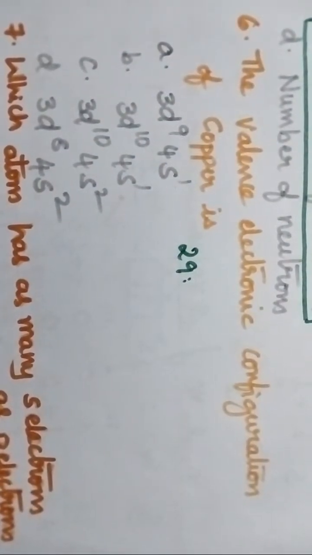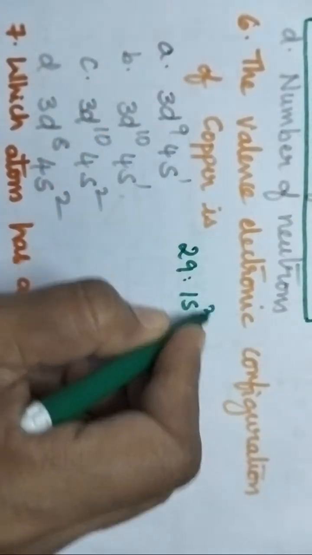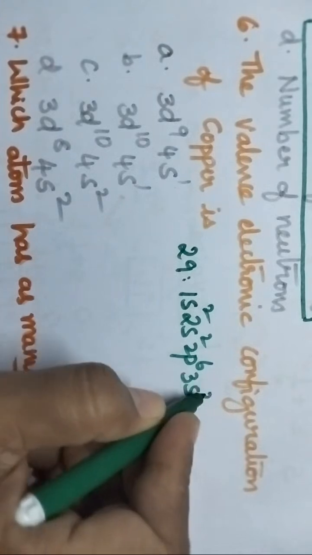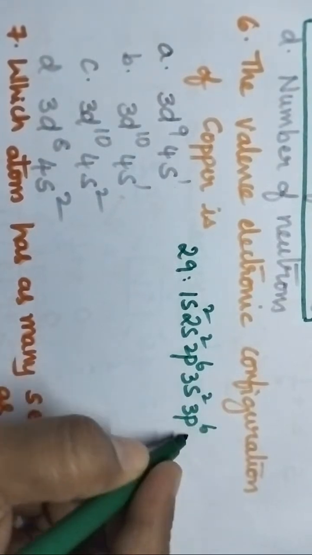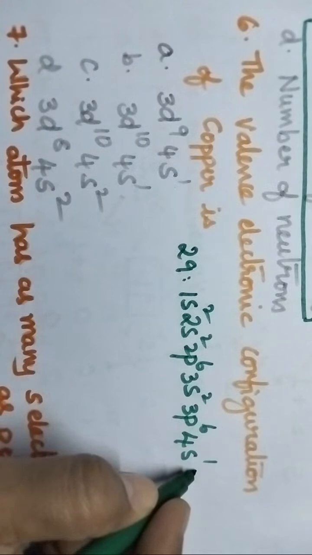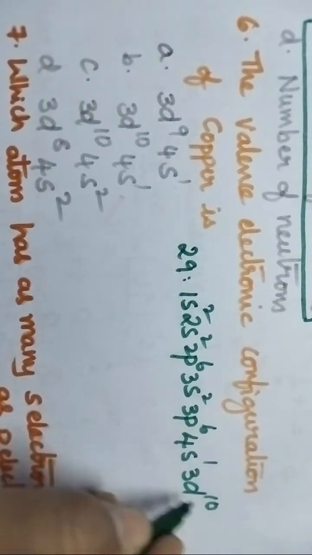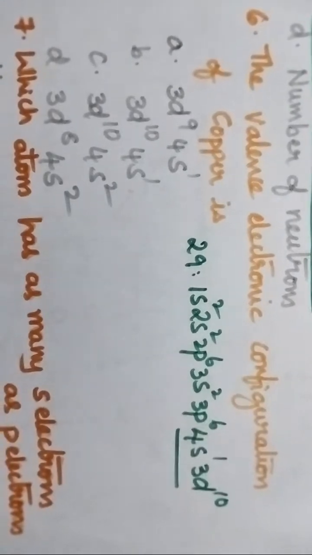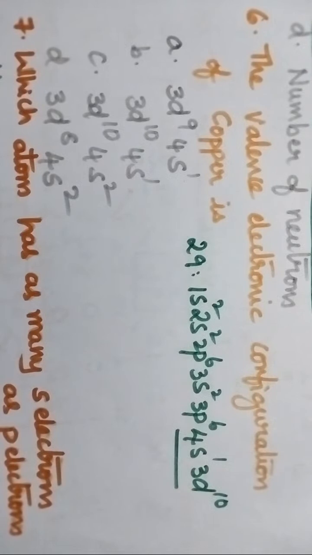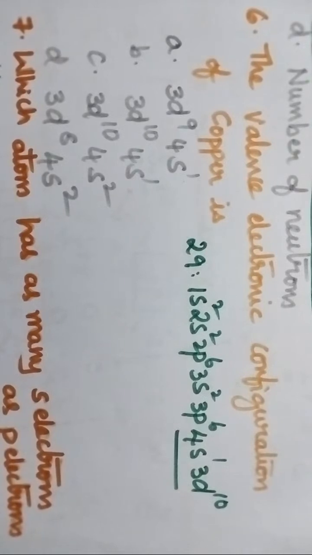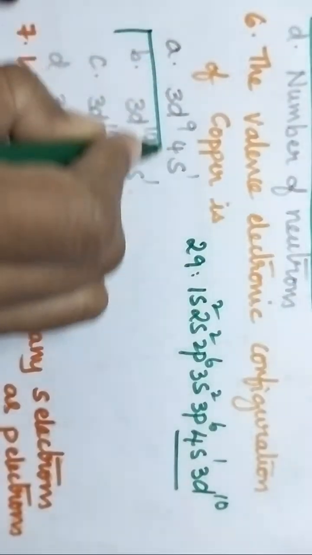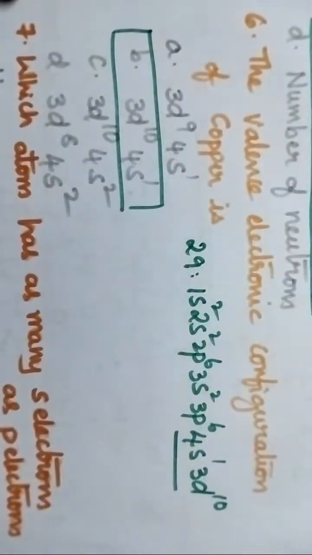So what is the configuration? 1s2, 2s2, 2p6, 3s2, 3p6, 4s1 and 3d10. So what is the right answer? You are supposed to guess the valence configuration. That is option B, 3d10 and 4s1.